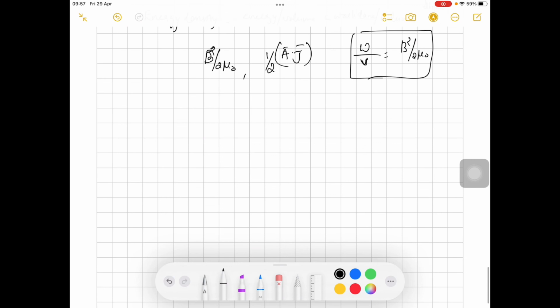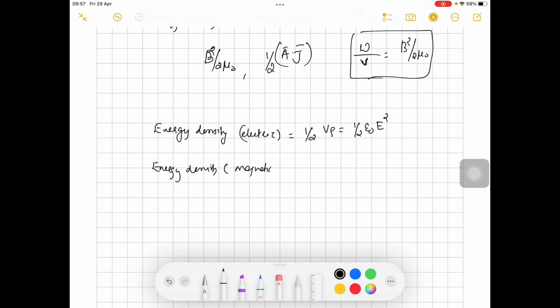We have already seen the energy density in the electric field in our previous papers: 1 by 2 V rho, or half epsilon 0 E square. And the energy density in the magnetic field is 1 by 2 A dot J. Here V is the electric potential; in this case it is the magnetic potential.